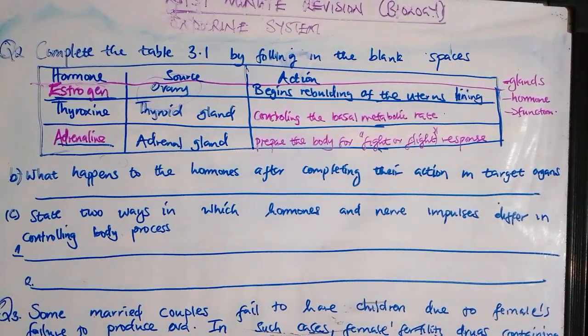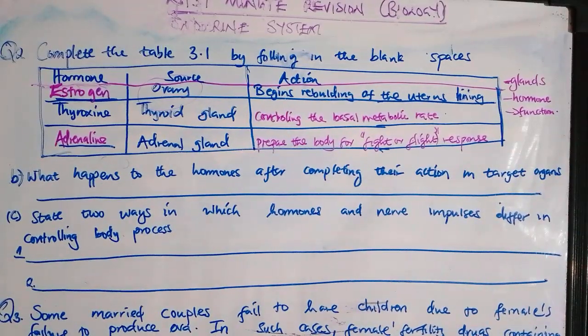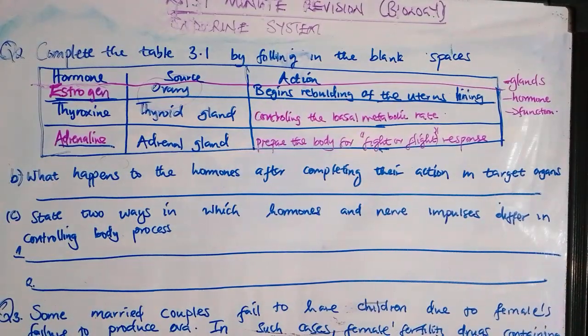Yeah. So moving on to part B. What happens to the hormones after completing their action in the target organs? So once the hormones have finished their function in the body, they have increased your fight or flight, maybe you have run or you have fought. Now what happens? Because if that hormone remains in your body, you will remain in that state for a longer period.